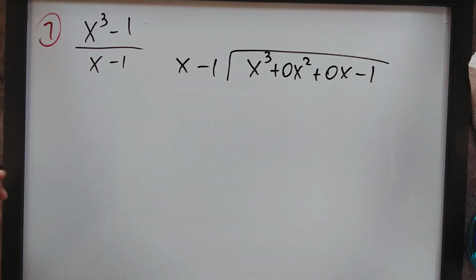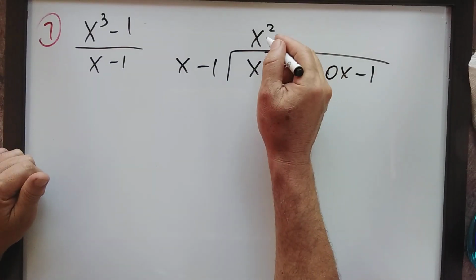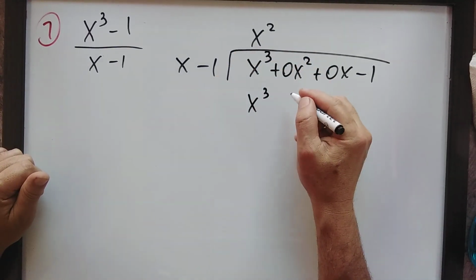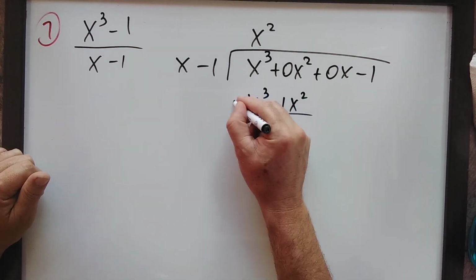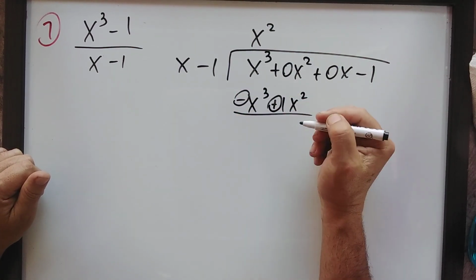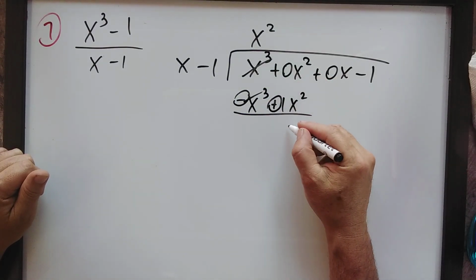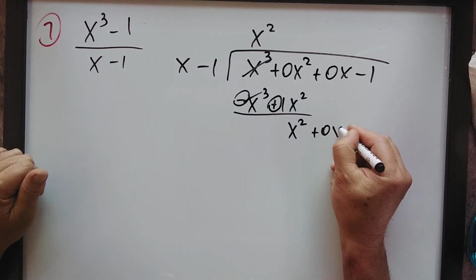So let's do it. x to the third divided by x is x to the second. x to the second times x is x to the third. x to the second times -1 is -1x squared. We subtract, minus minus plus, that cancels. 0 plus 1 is 1x squared, or just x squared, plus 0x.